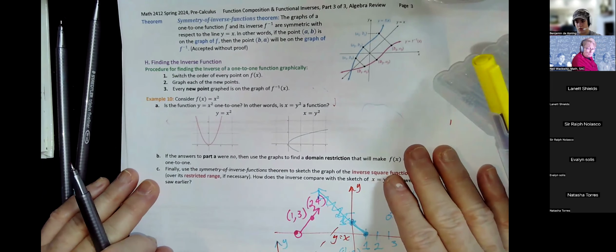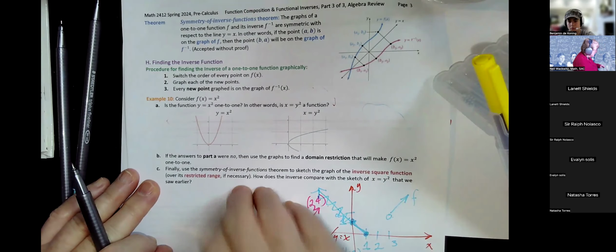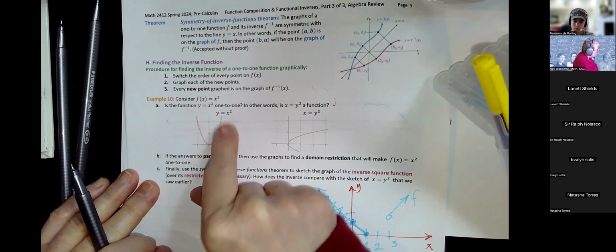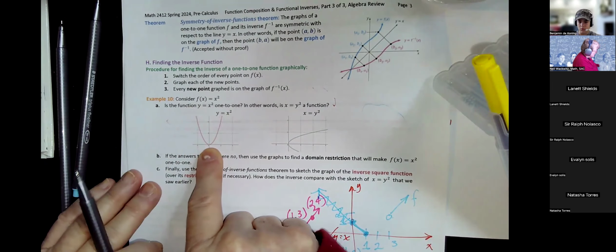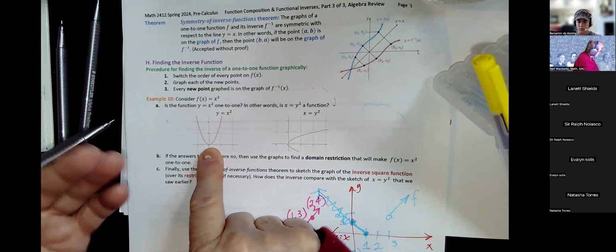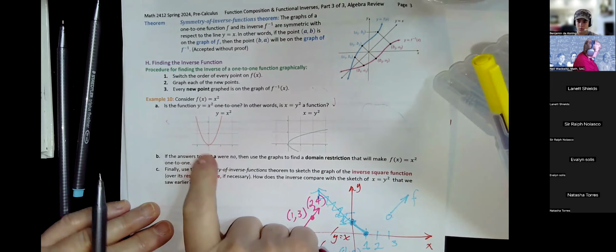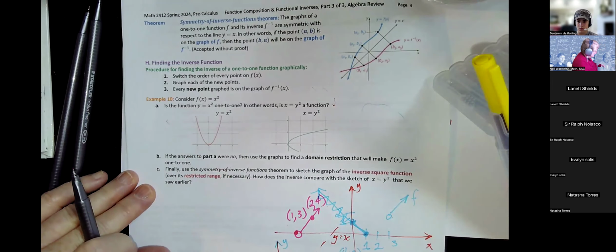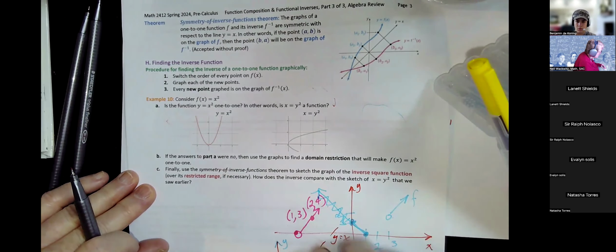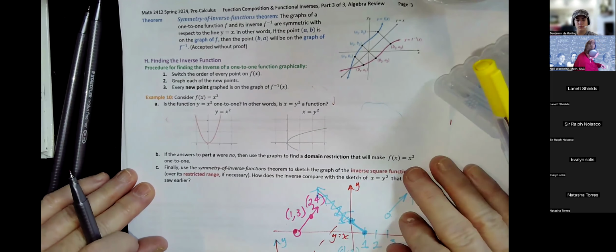No, it fails the vertical line test. That's right. And that's why the horizontal line test tells you whether or not something has an inverse, because it has to be flippable. So what can we do to this graph of y equals x squared so that we can flip it, and so that when we flip it, it doesn't fail the vertical line test?